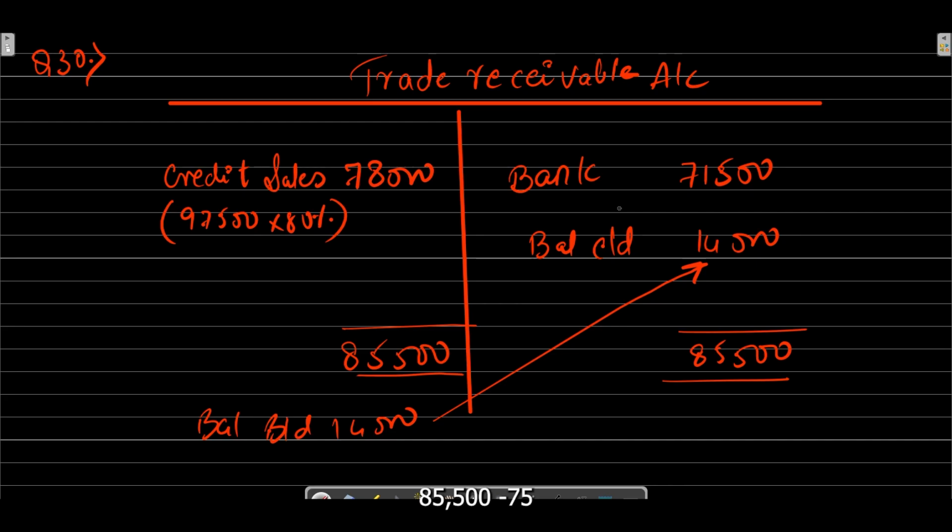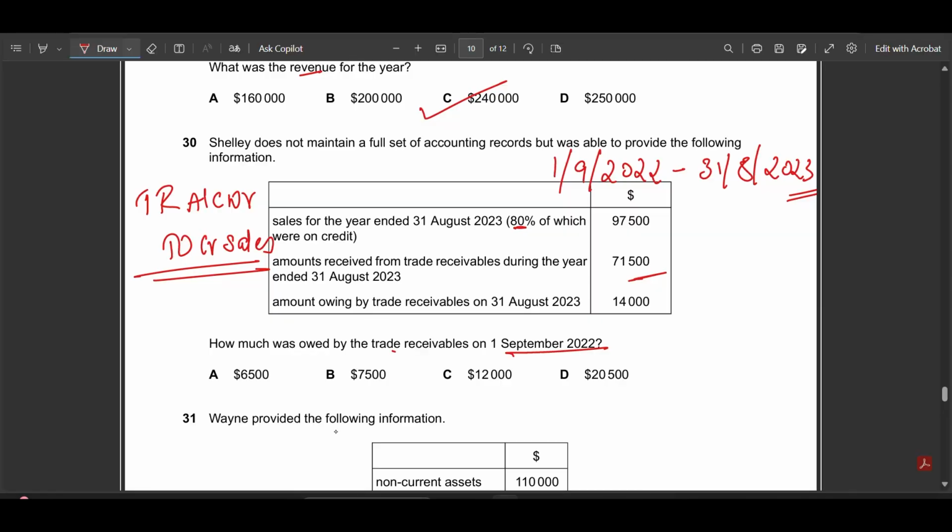So 85,500 minus 78,000 will give you 7,500. So this is my balancing figure, and this would be my balance brought down. So the right option would be option B.